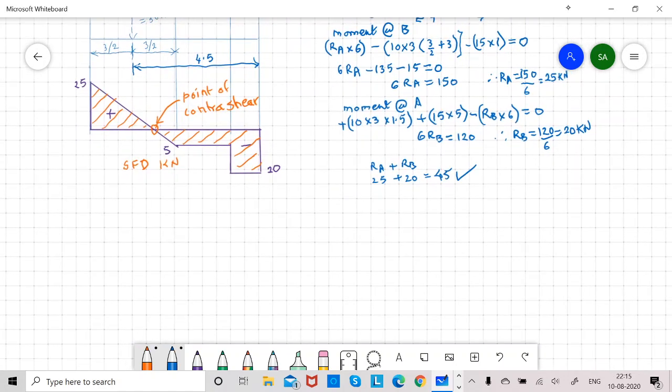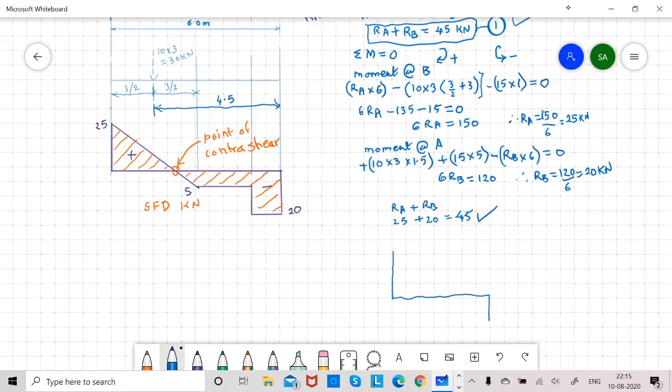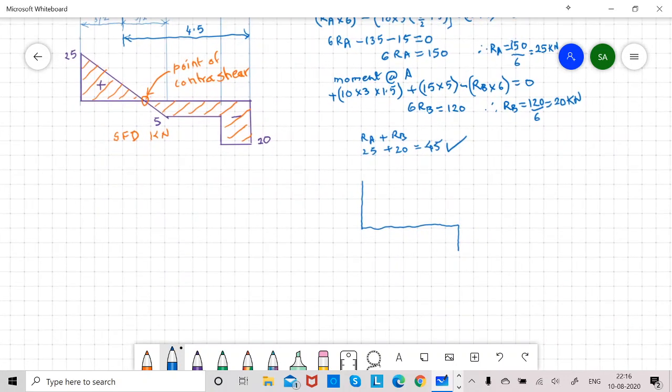Now let us locate this point of contra shear by the similar triangle method. I am drawing the portion of the shear force diagram between A to C. This is A, this is C, this is 25, this is 5.